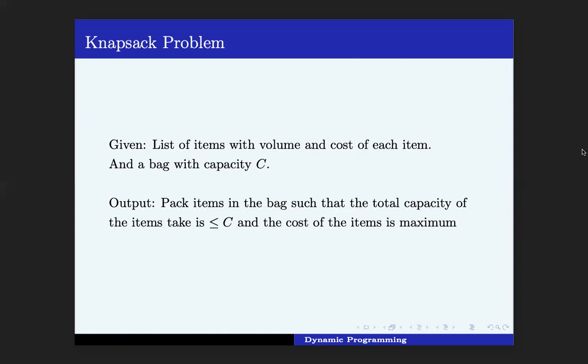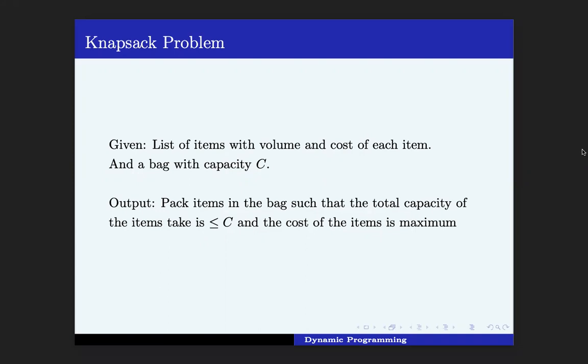You are not allowed to take a partial of any item. So you cannot say, I will take half of this item and half of that item. No, that is not allowed. You have to take either the whole item or not the item. And the geometry doesn't matter. It doesn't matter whether my knapsack is square or rectangle, or how I can hold it.